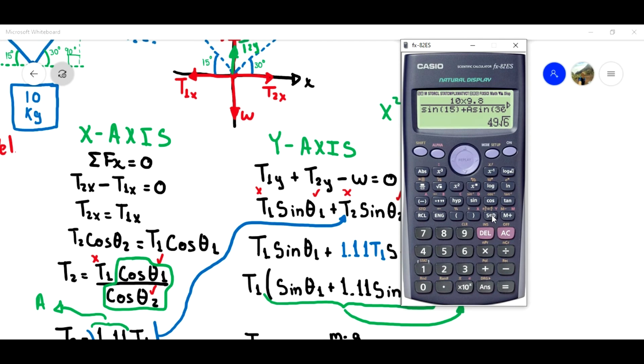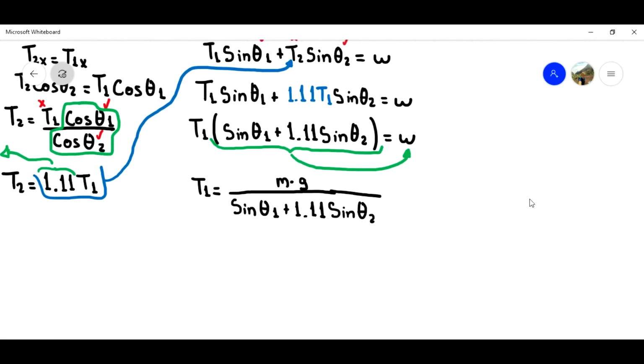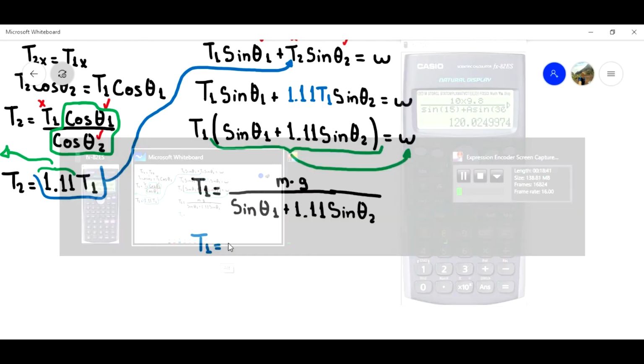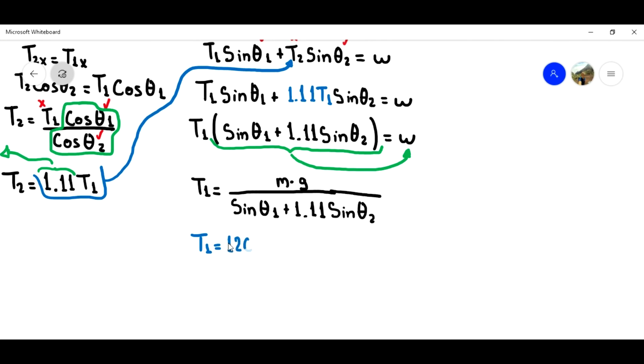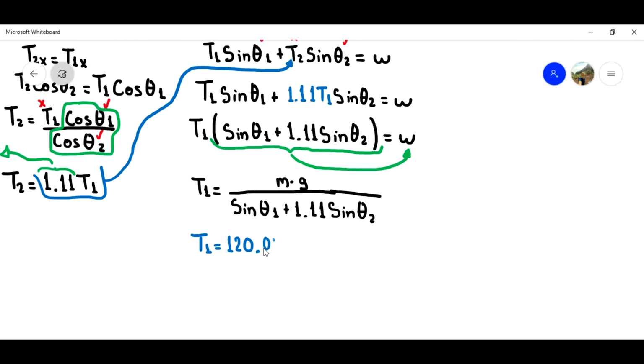I'm going to press this key over here, SD, in order to transform that number, and that is the value of the tension 1, and that's the one that I'm going to write. Okay, so tension 1 equals 120.0249, and the tension is measured in newtons, okay, because it's a force.